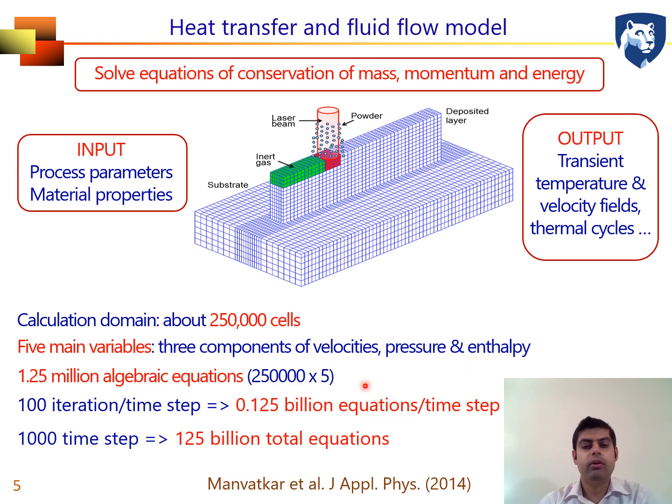So as a whole, we are solving 1.25 million algebraic equations, and to get good convergence, we need to solve these equations iteratively. Let's say we are having 100 iterations per time step. So at the end, we are solving 0.125 billion equations.